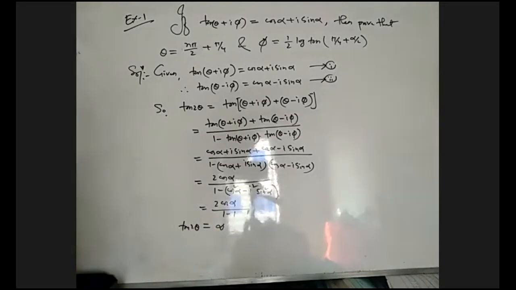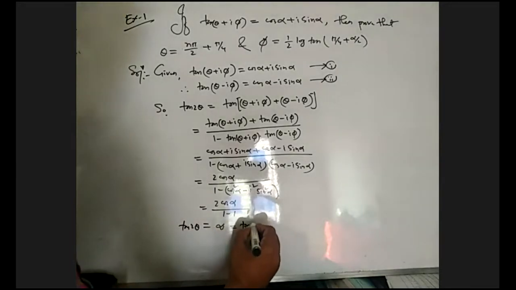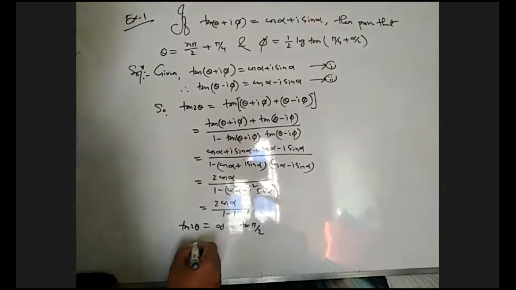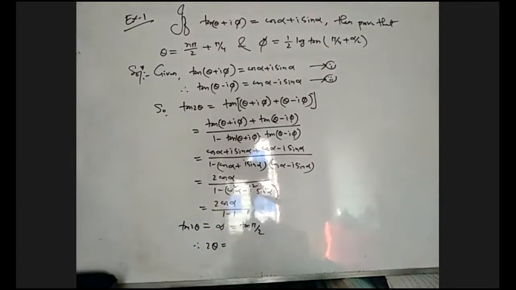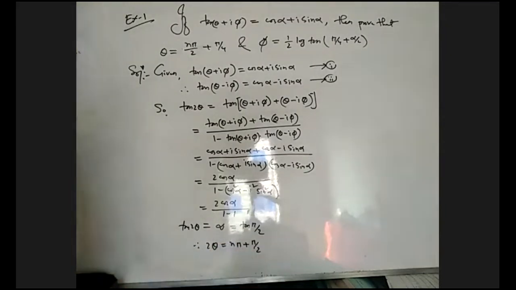Tan twice theta equals infinity. But this infinity in tan is how many degrees? 90 degrees. Therefore, twice theta can be written as n pi plus pi by 2 for general values.